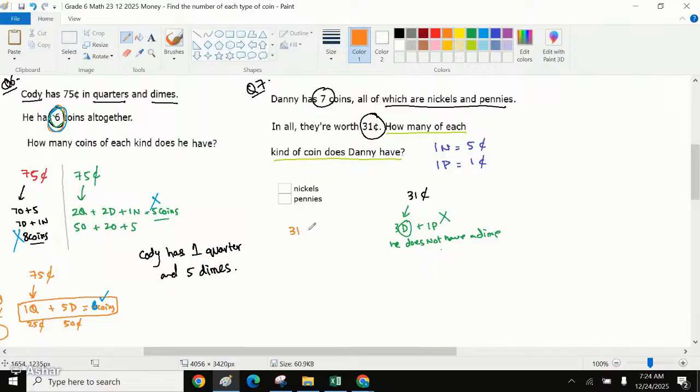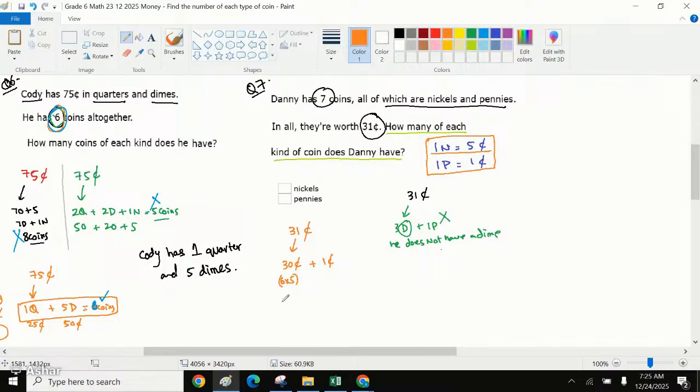Let's look at another possibility. If we say 31 cents, can we break this into 30 cents plus 1 cent? And since he only had nickels, a nickel was 5, right? So 30 can be written as 6 multiplied by 5.